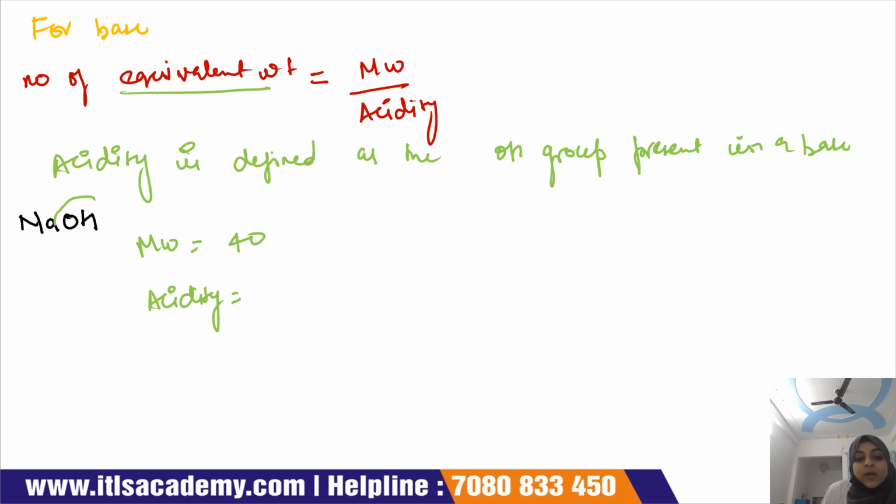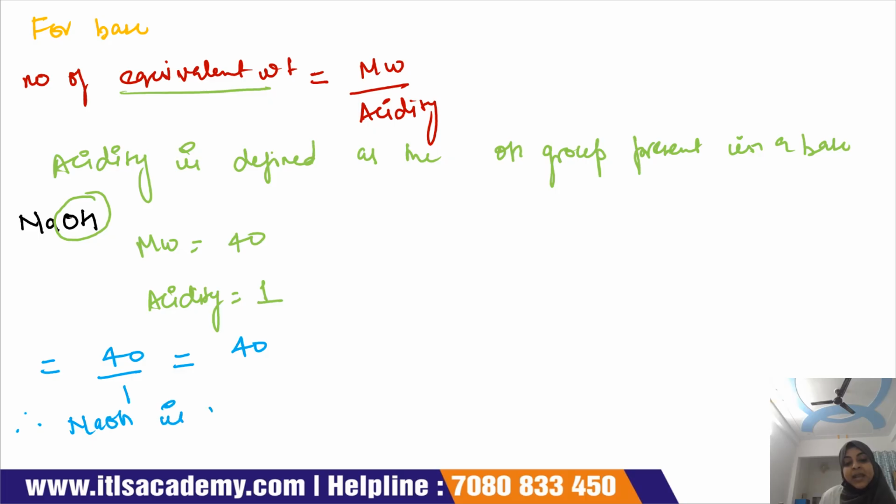Here only one OH group is present, so the acidity is 1. Now put this into the formula: 40 divided by 1, that is equal to 40.